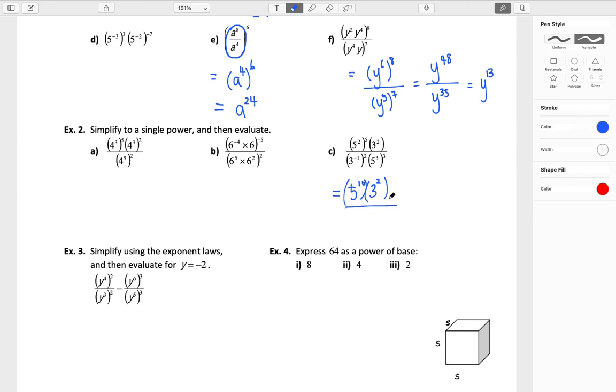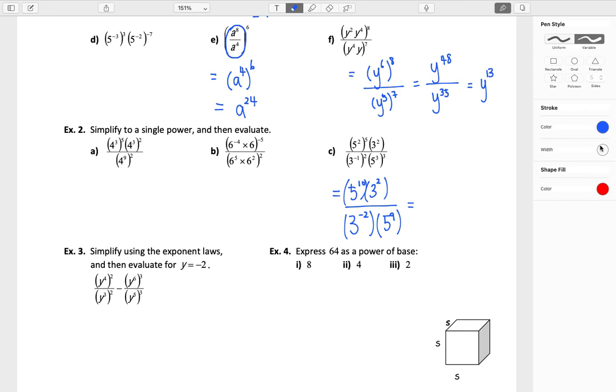And then over, they're right beside each other, so 3 to the -1 times 2 is -2. And then 3 times 3 is 9, 5 to the 9. So now I wrote 5 to the 9 outside the bracket, or if you want, you could write it inside the bracket. It means the same thing.